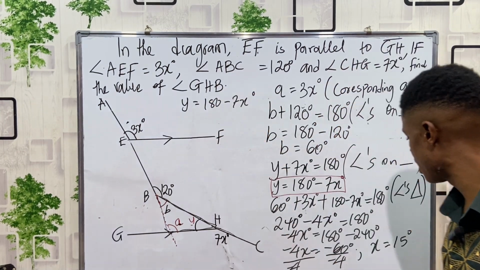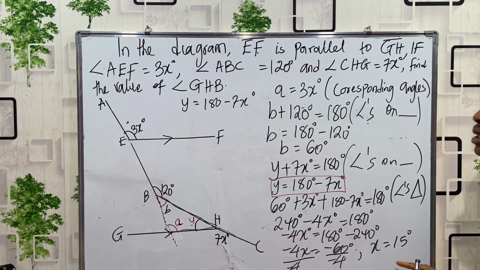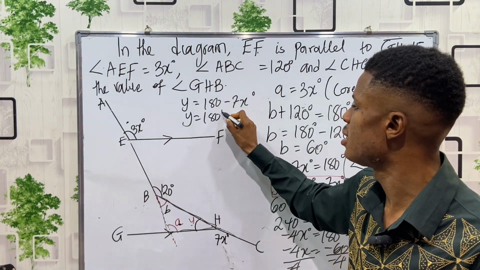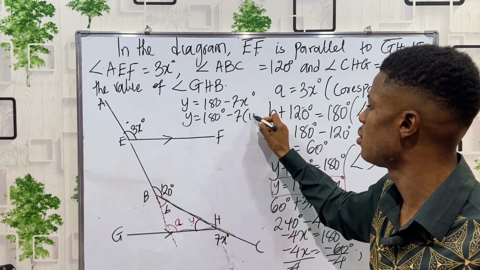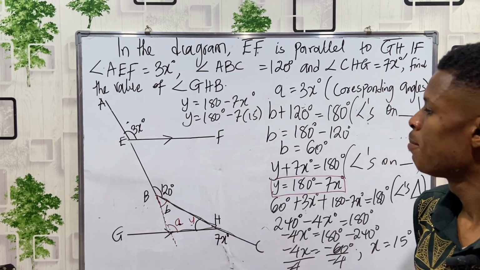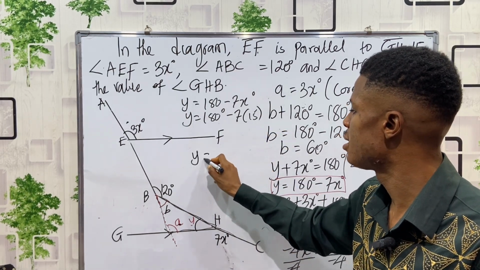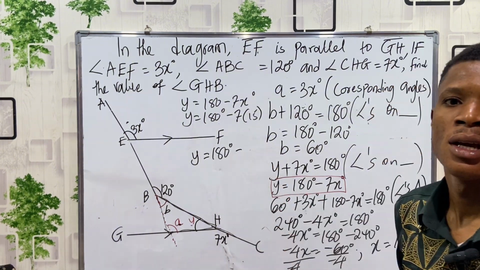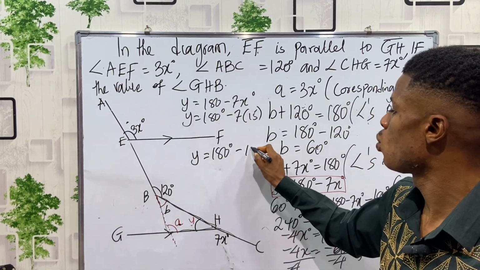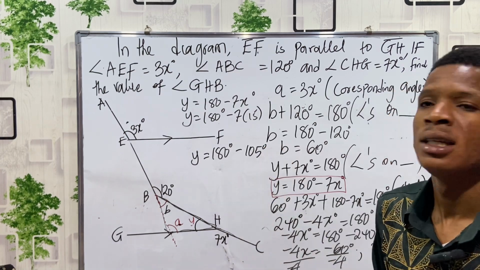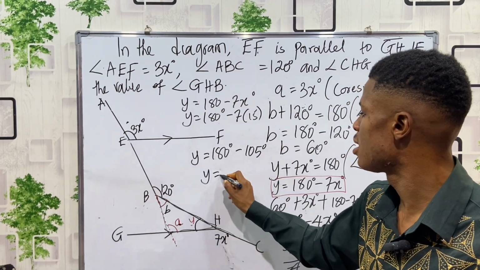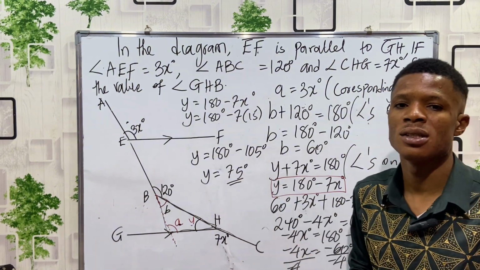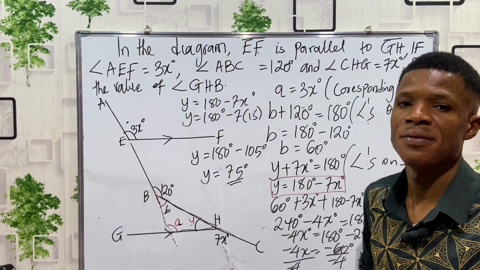We are going to plug in the value of x as 15 degrees. So Y is equal to 180 degrees minus 7 times 15. 7 times 15 is 105 degrees. That means our Y is equal to 75 degrees, because 180 degrees minus 105 is 75 degrees.